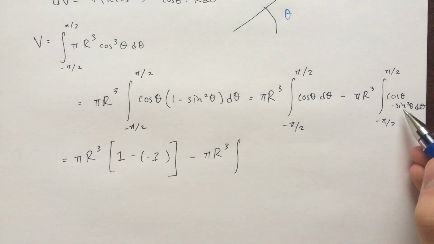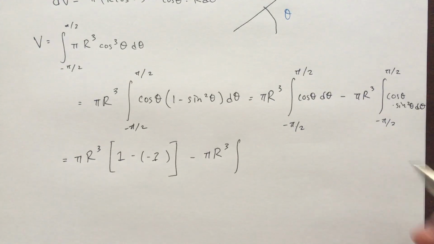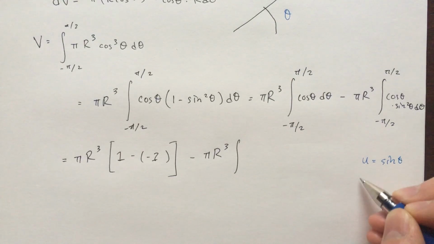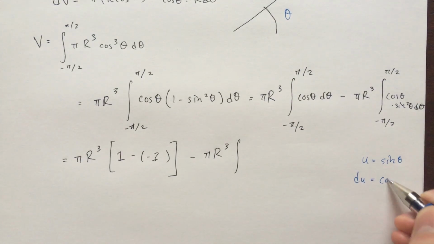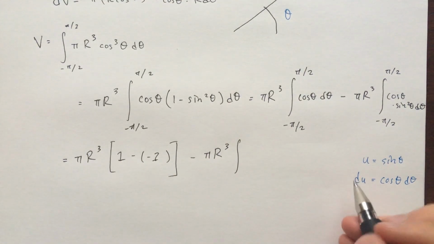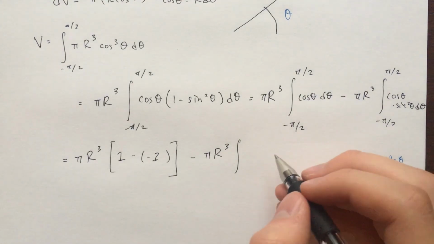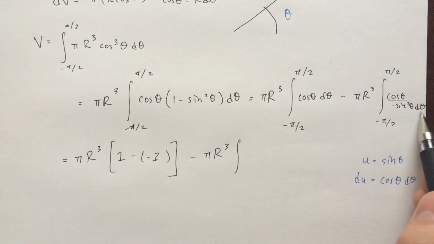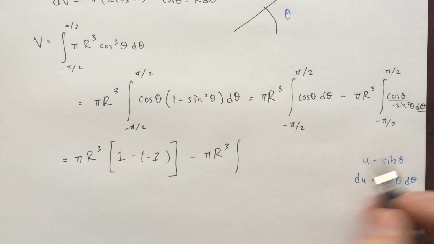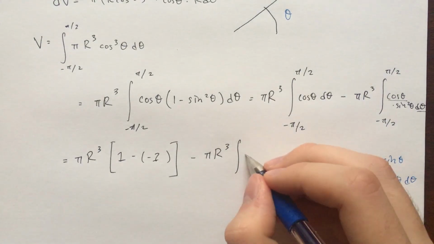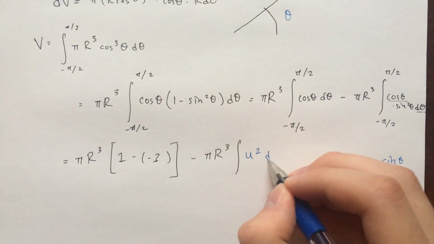Here let's set sine theta equal to u. So then du is going to be cosine theta d theta. So then in our integral, we'll simply have u squared du.